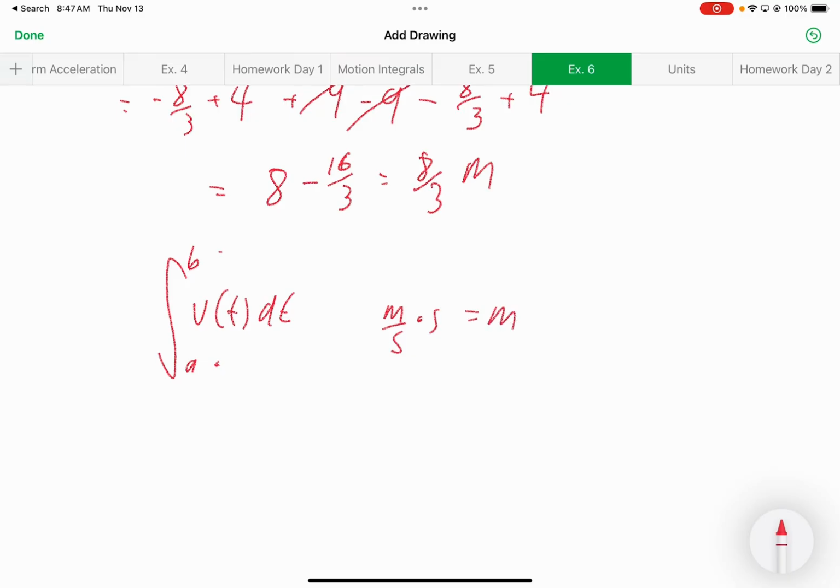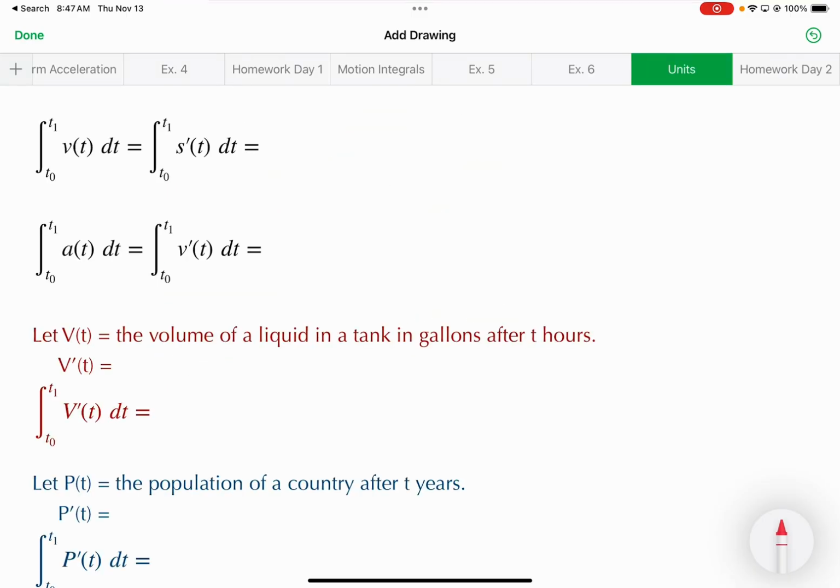Okay. Quick conversation on units and what applications actually mean. We already talked about this a little bit, but velocity is just the derivative of my position function. So if I integrate it, that gives us s of t evaluated from t sub 0 to t1, so s of t1 minus s of t0.